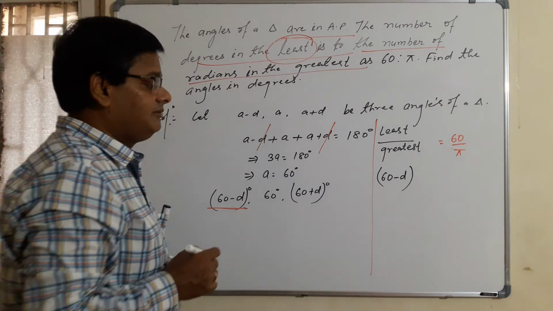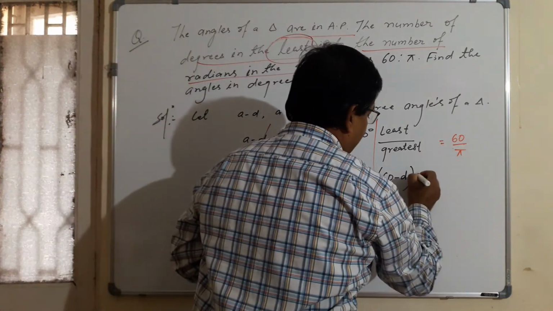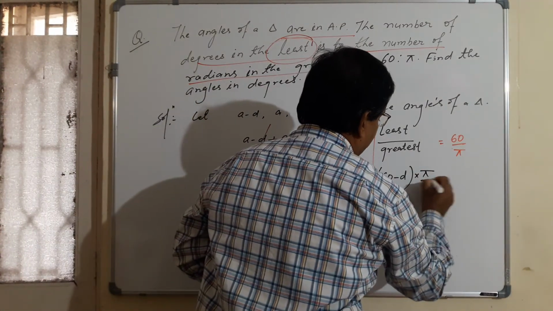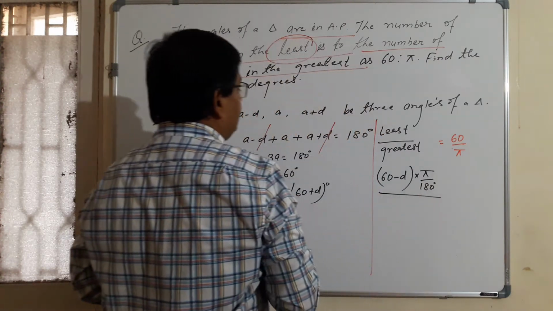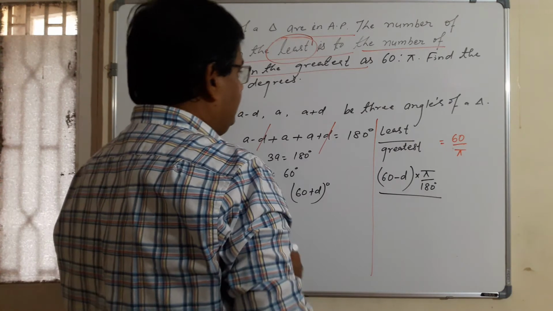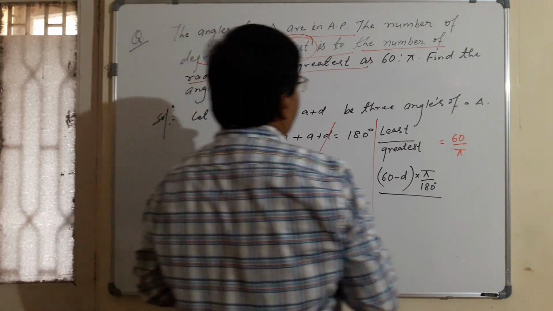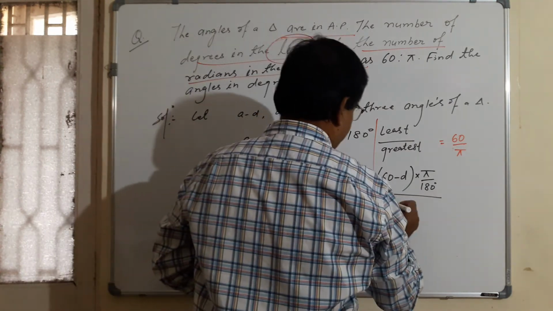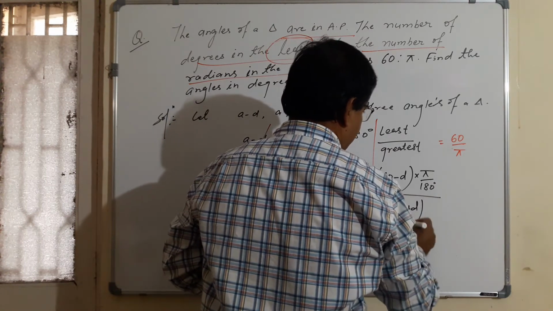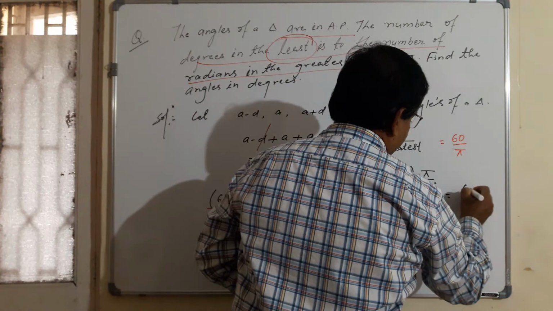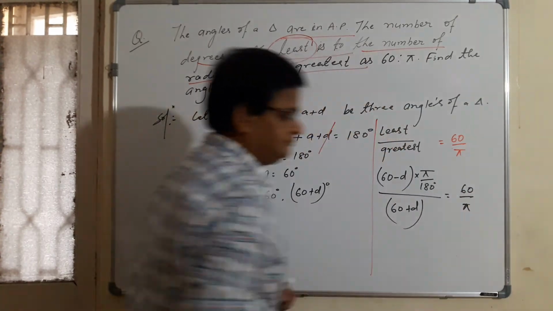So degree converts into radian. So we have to multiply by pi over 180 degree, divided by the greatest. The greatest is your 60 plus D, equal to 60 by pi.